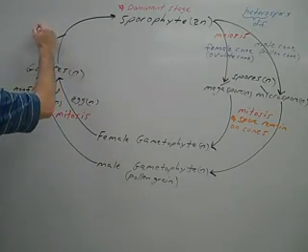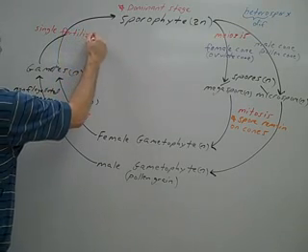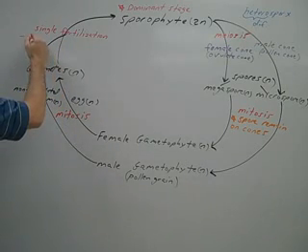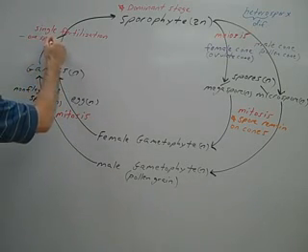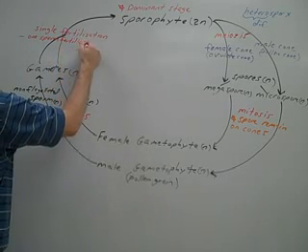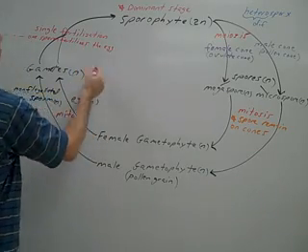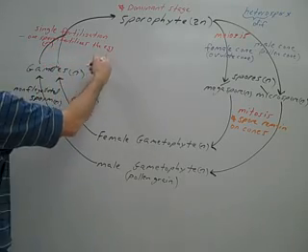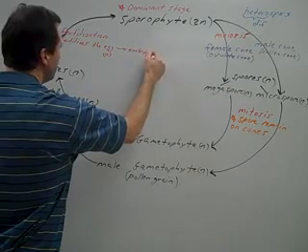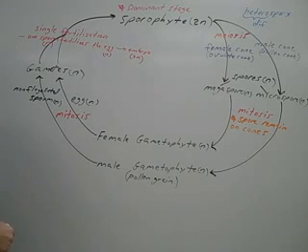And this is actually going to be what we call single fertilization, because one sperm fertilizes the egg. So sperm N, egg N, and that's going to give us our embryo, which is going to be 2N. Our embryo is ultimately going to be our sporophyte.